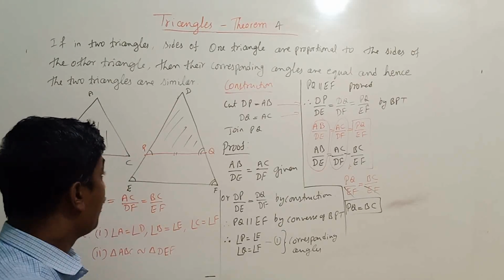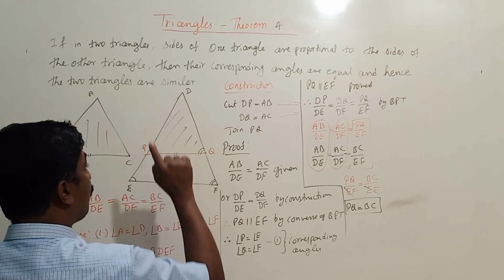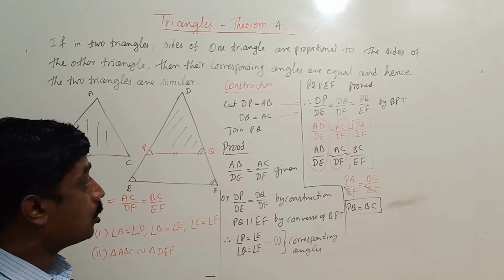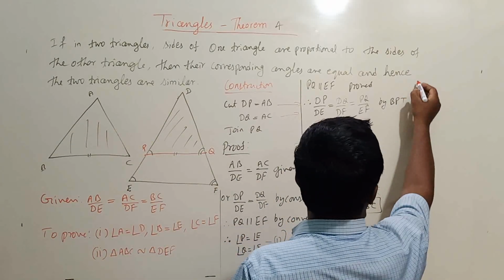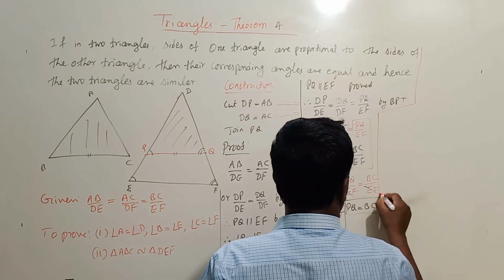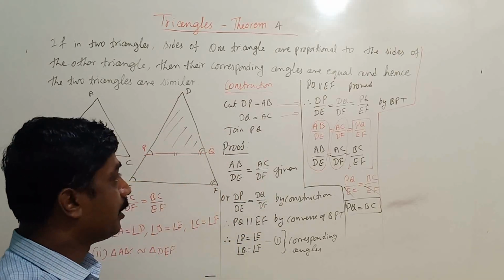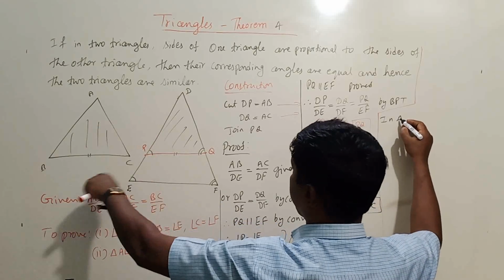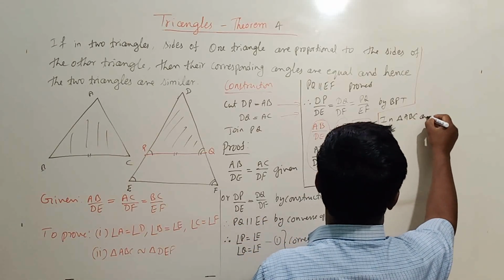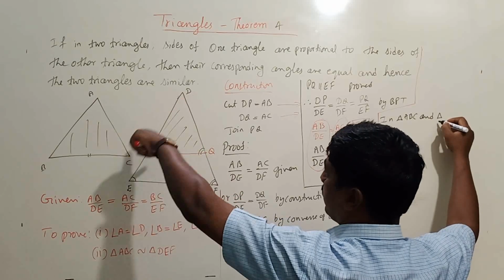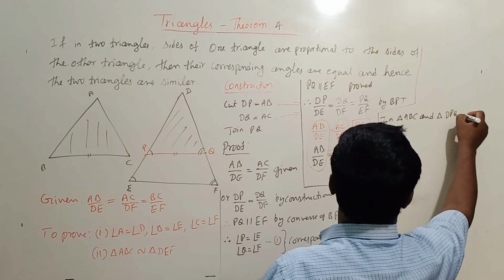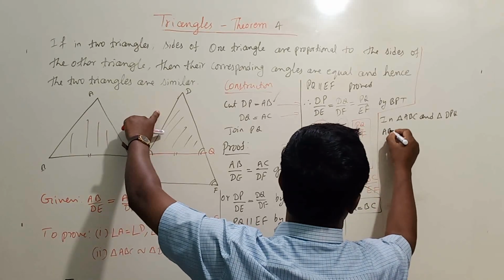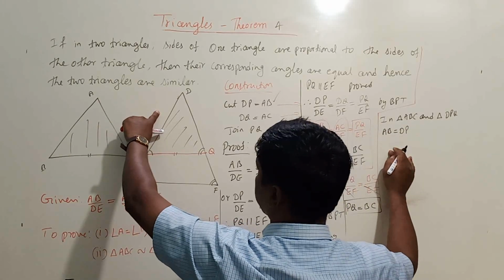Now what can I do? I can prove this triangle and this one congruent by SSS congruency criteria. Isn't it? So let me write that for you here in this place. Now check it out here. So in triangle ABC, and triangle DPQ, number 1, AB is equal to DP by construction.